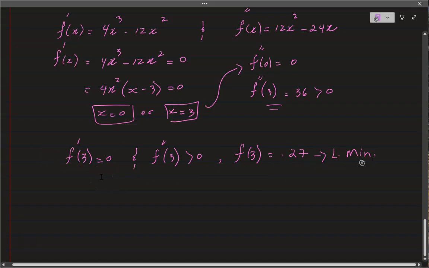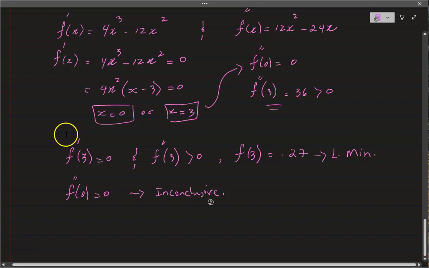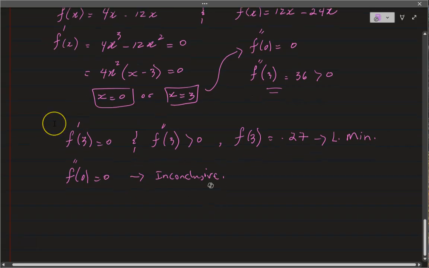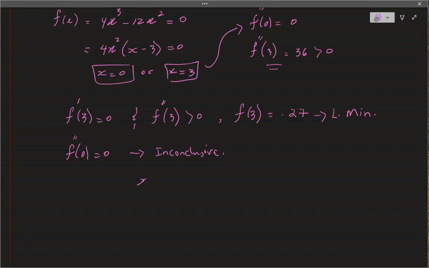Now, with x equal to 0, f double prime of 0 is equal to 0, so this test is inconclusive. That means we have to go back to the first derivative, and if you test the intervals less than 0 and between 0 and 3, you notice that f prime, the first derivative, is less than 0 for these values.